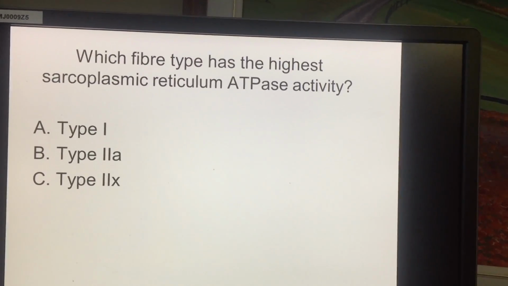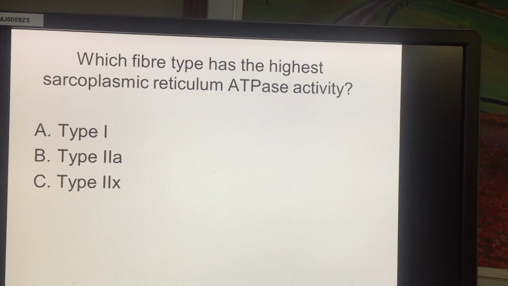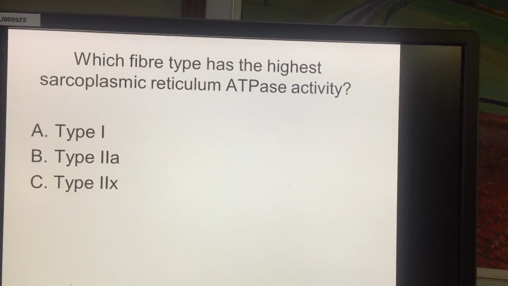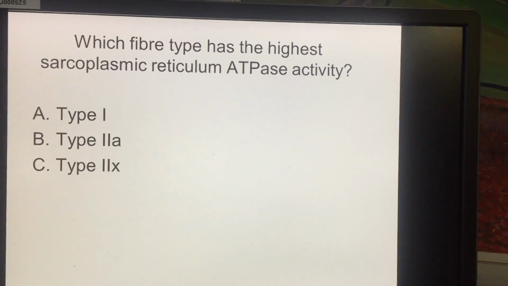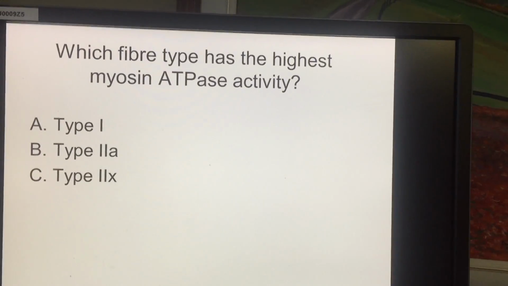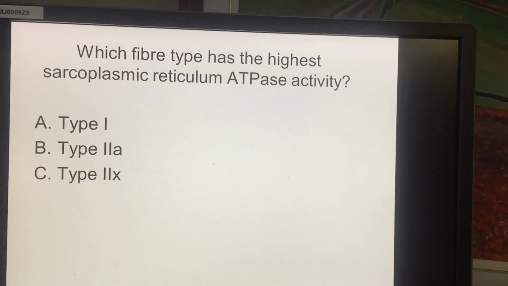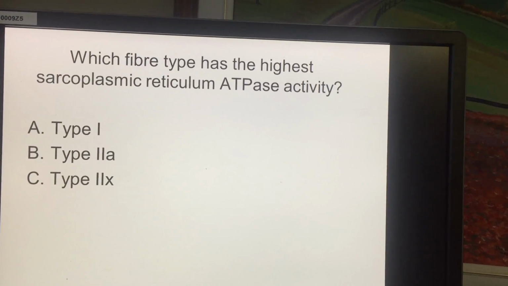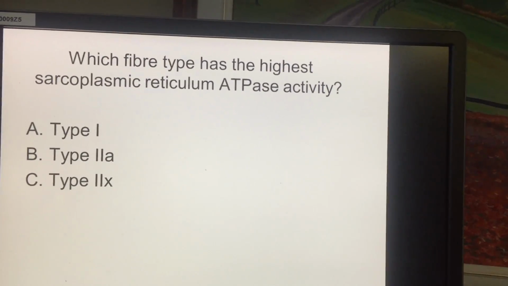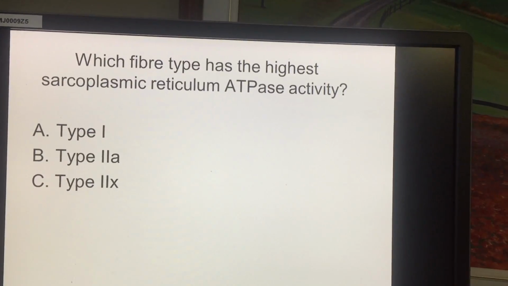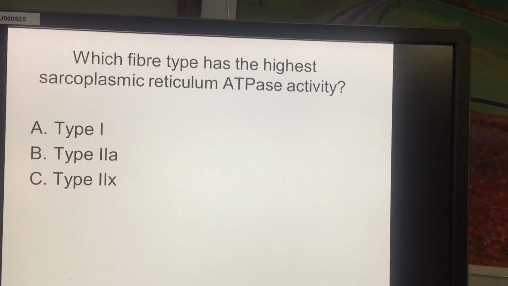Which muscle fiber type has the highest sarcoplasmic reticulum ATPase activity? The answer again is C, type 2X. The high myosin ATPase activity allows type 2X to have the fastest contraction speed, and the high sarcoplasmic reticulum ATPase activity allows type 2X to have the fastest rate of relaxation after a muscle contraction.